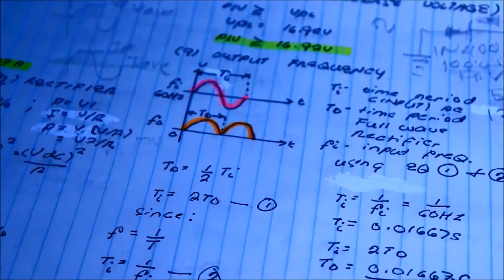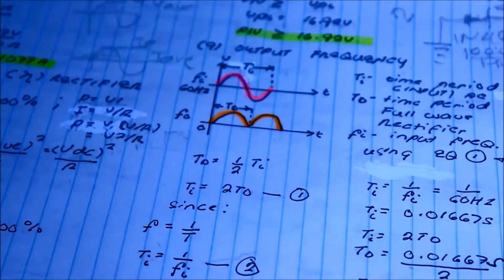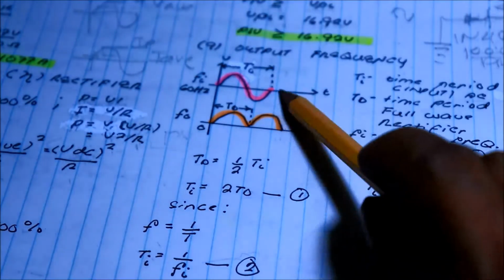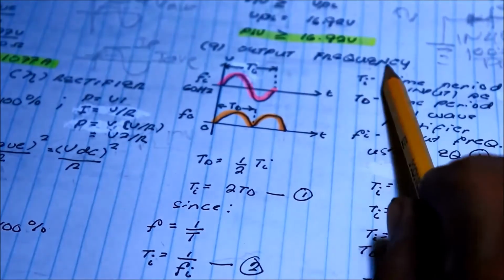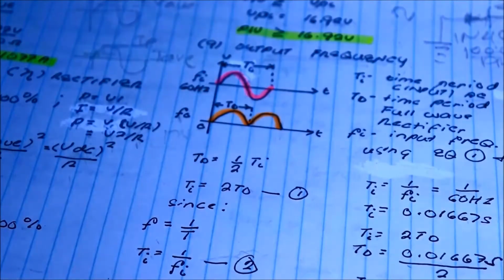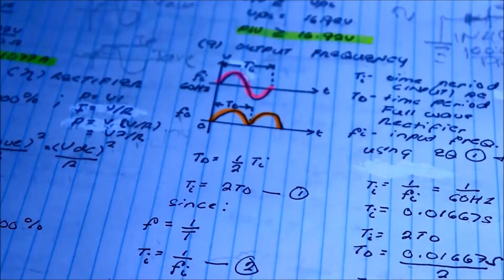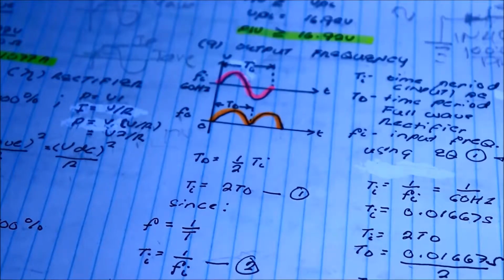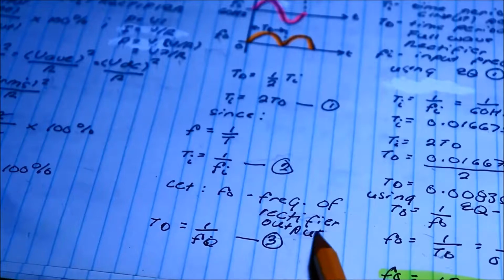Let us now compute for the output frequency. The output frequency is denoted by Fo, the frequency of the rectifier output or the load.